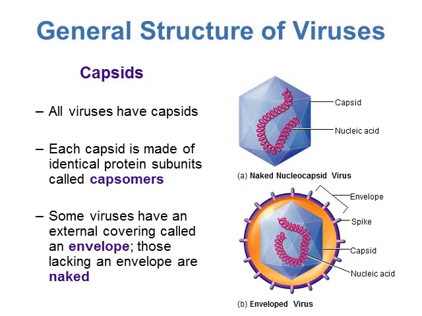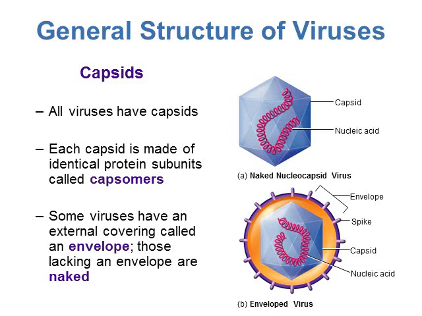In general, all viruses have capsids. These capsids are made up of identical protein subunits called capsomeres. These protein subunits come together to make up this covering or capsid. In addition to the capsid, some viruses have another external covering called an envelope, a structure outside of the capsid.